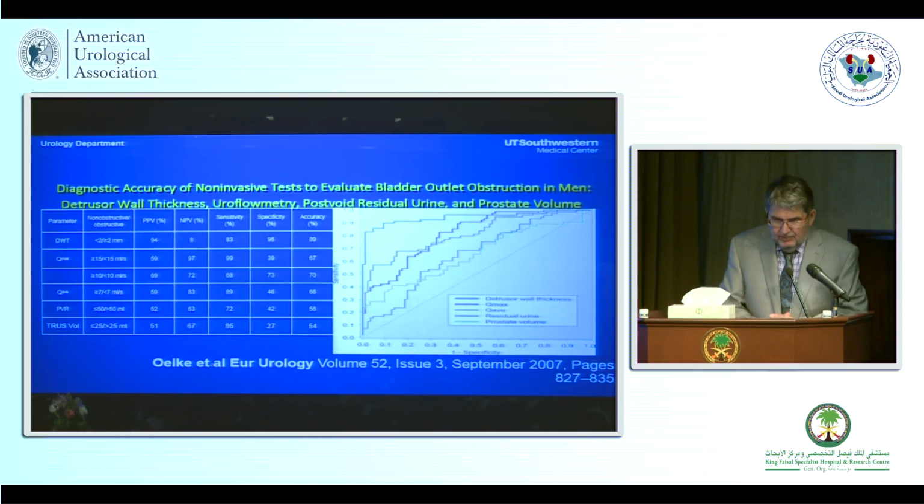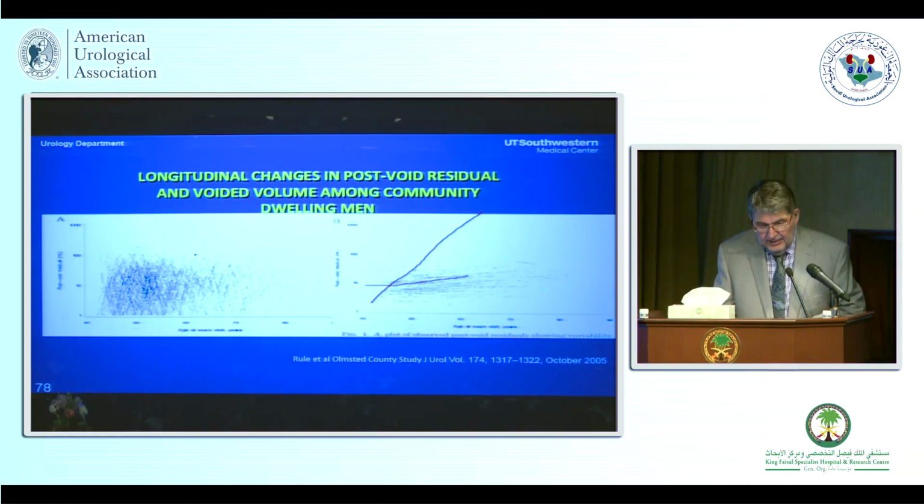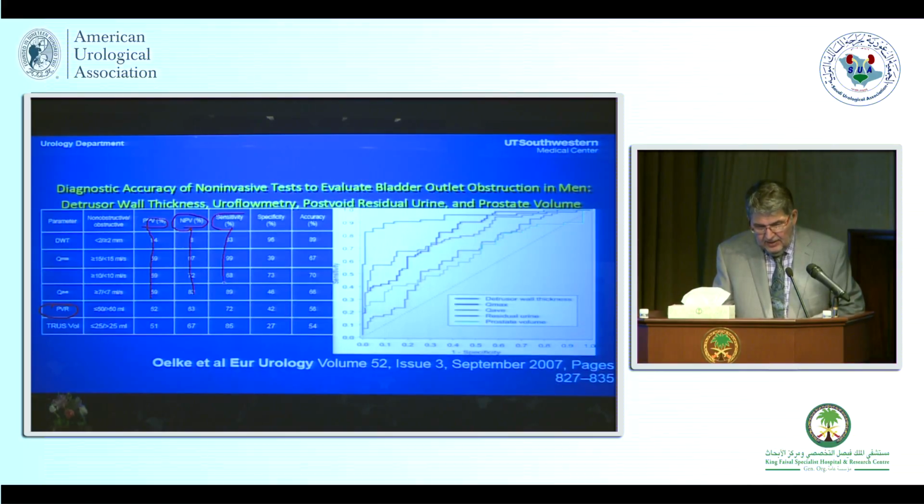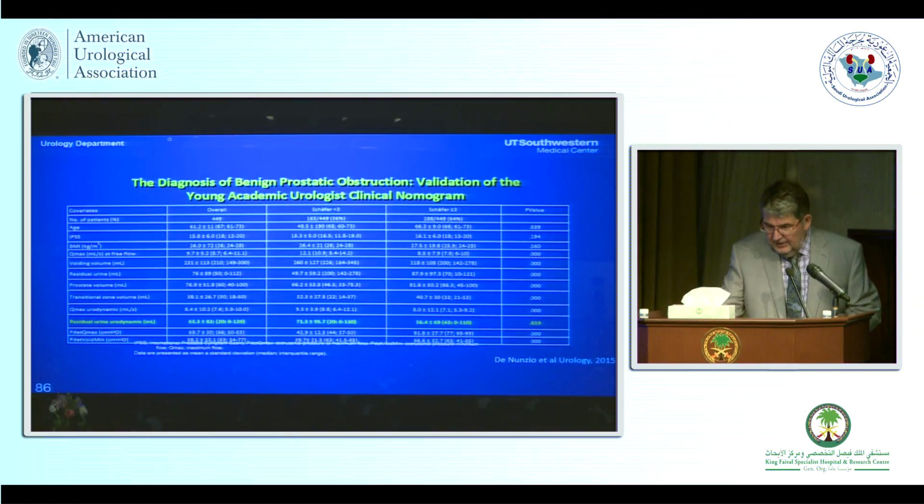Christian Oelke asked the question whether residual urine is helpful in predicting bladder outlet obstruction, and I draw your attention to this line, PVR above or below 50. Unfortunately, the positive predictive value, the negative predictive value, and the sensitivity are miserable. It's basically 50 to 70%, so it's not at all useful in this particular cohort.